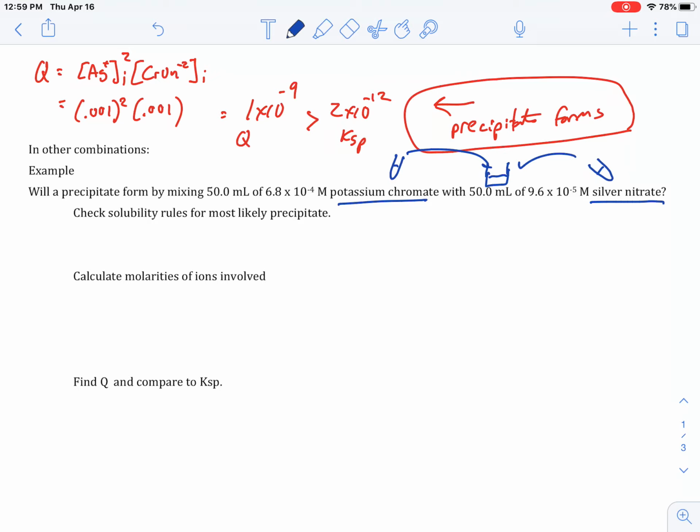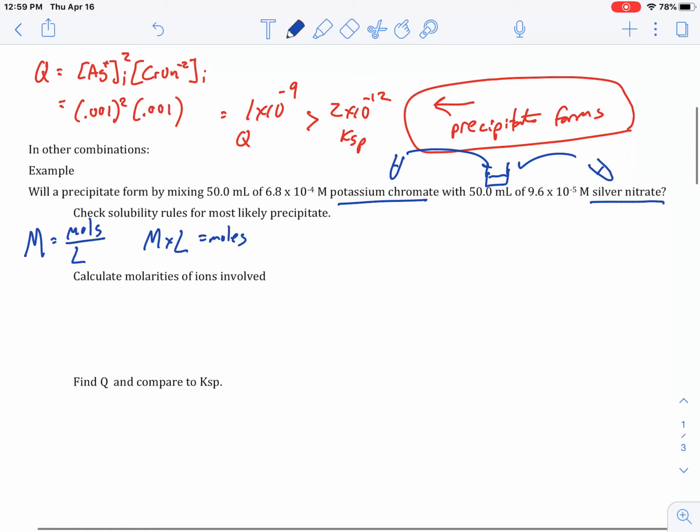So it helps to remember that molarity, which is the moles of the solute over the liter of the solution, we can rearrange this, and this is how we're going to find moles. We're doing this because we are given the volume and we're given the molarity for each of these.